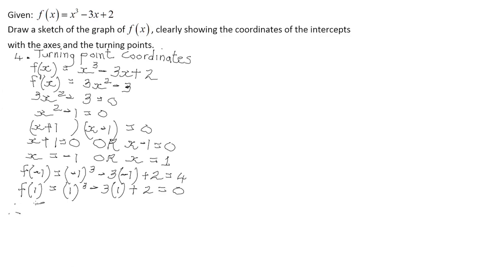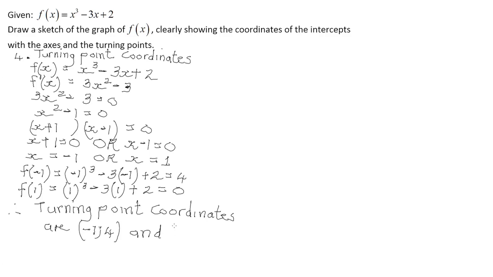Therefore, the turning point coordinates are: when x is negative 1, your corresponding y value is 4, and when x is 1, your corresponding y value is 0.